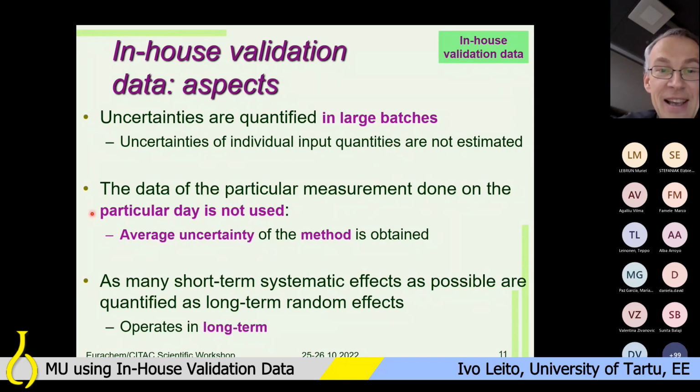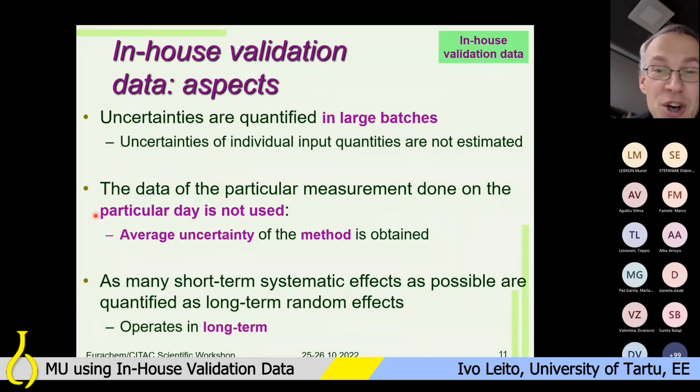Secondly, importantly, this uncertainty evaluation oftentimes goes like this: from the particular day where you did your particular measurement, you do not really use any data at all. You use data from previous experiments, from control charts, from measurements with certified reference materials, which all might have been done on some different days.